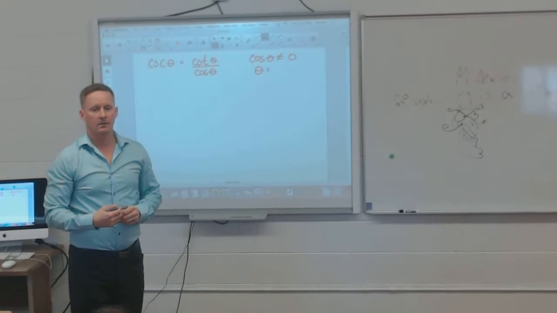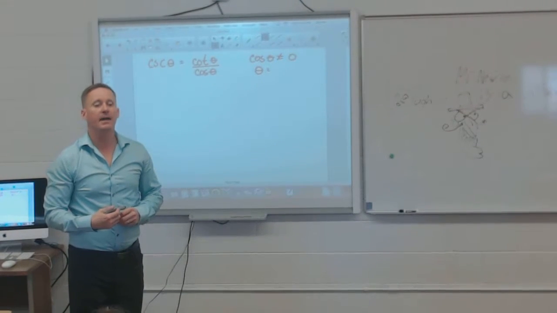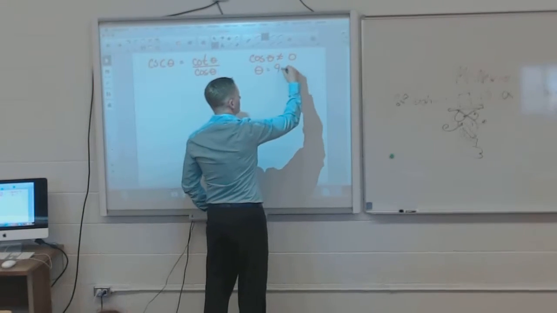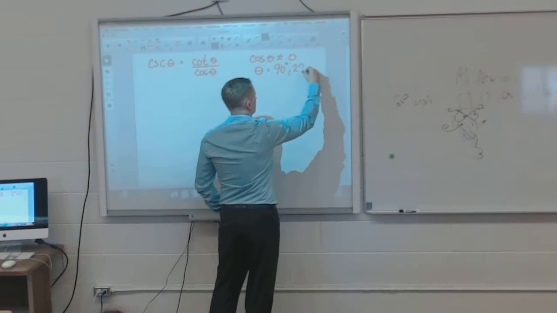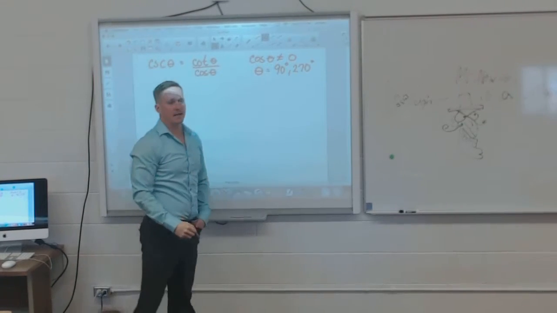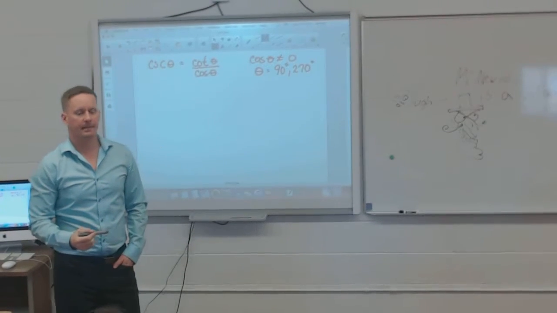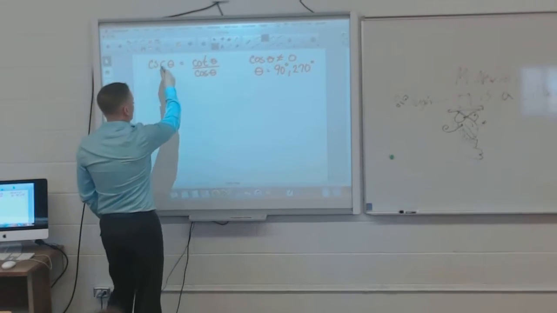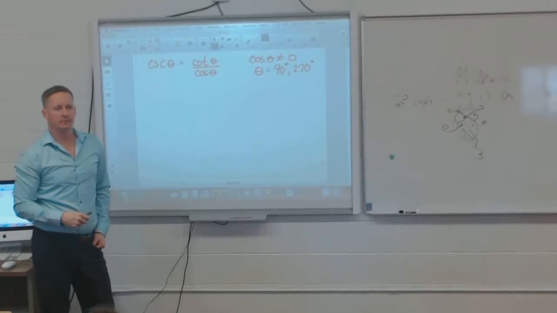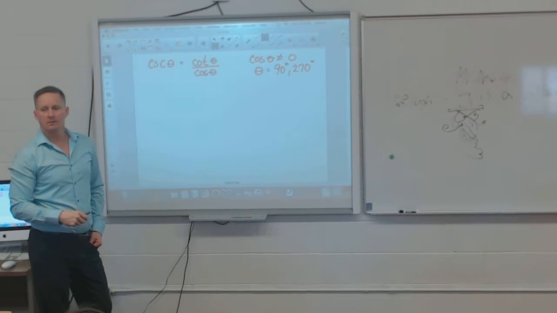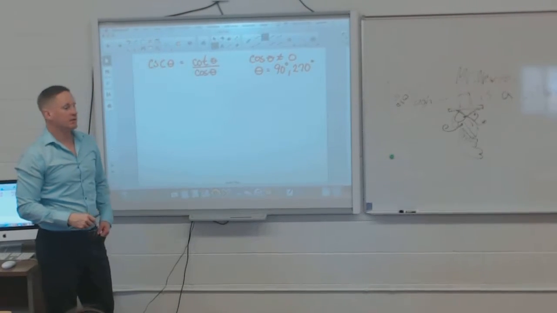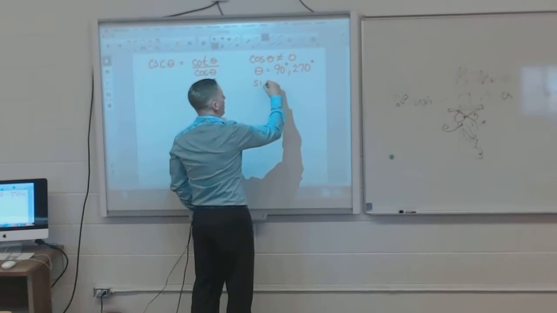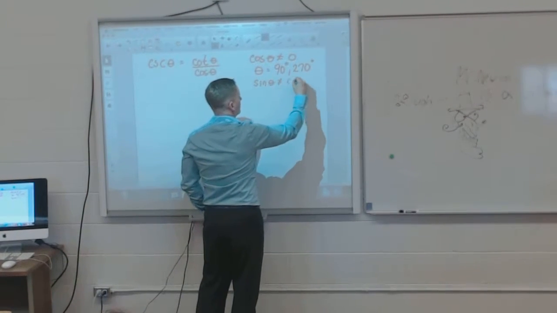90. 90 and 270? Sure. And then I can keep going if need be, right? That's where cos theta is equal to 0. But what is cosecant theta actually? 1 over sine theta. So that in theory is a fraction, right? So therefore sine theta also can't equal 0.